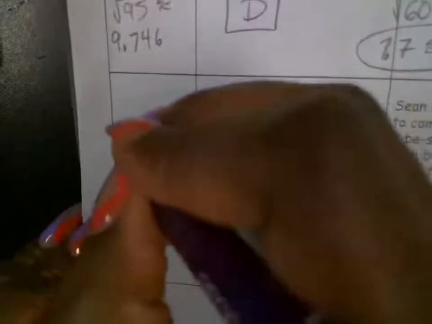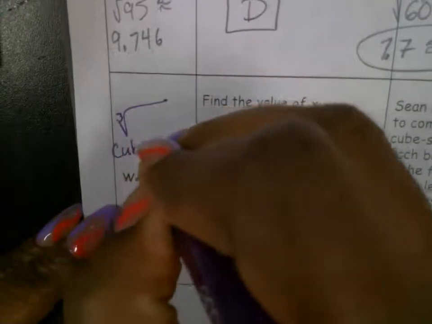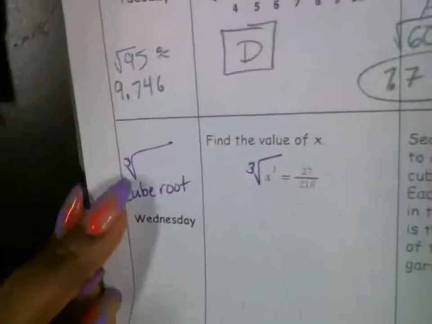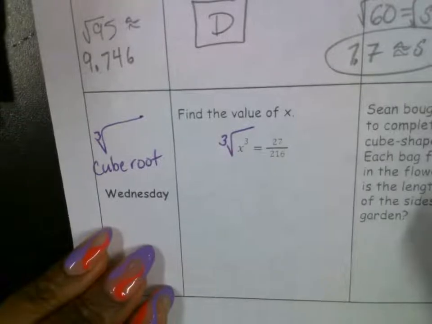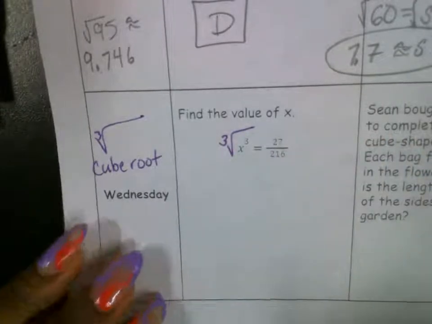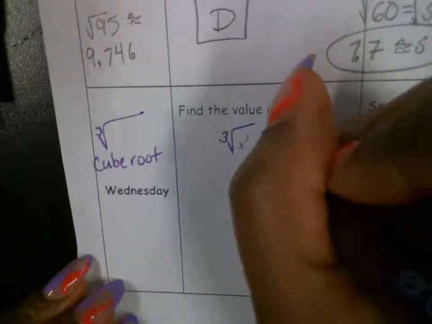This is the symbol for cube root. That means what number can be multiplied times itself 2 other times, a total of 3, to give you the number that's under the radical. So we're going to find the cube root on both sides.